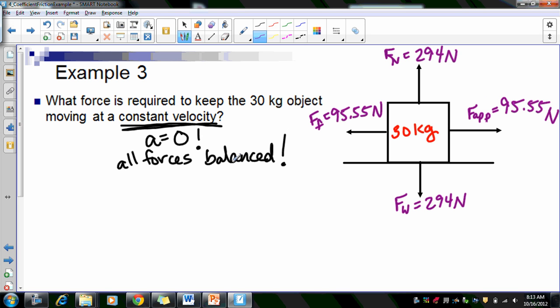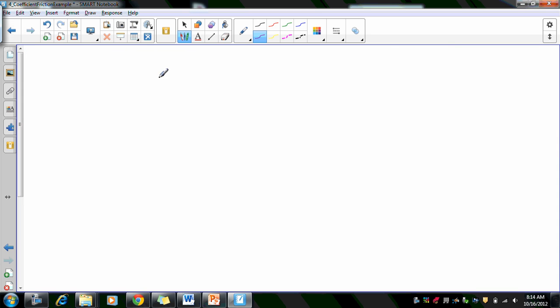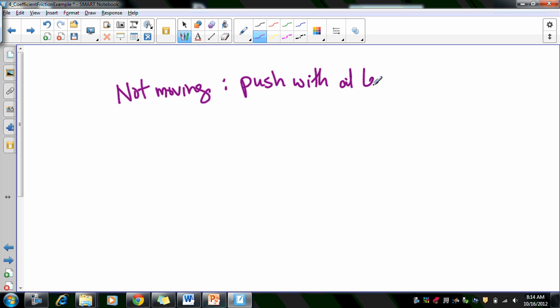So initially it's not moving, so push with at least the static frictional force.